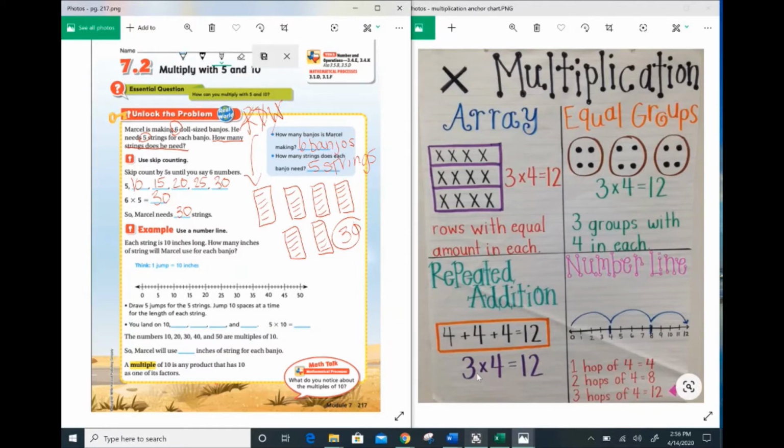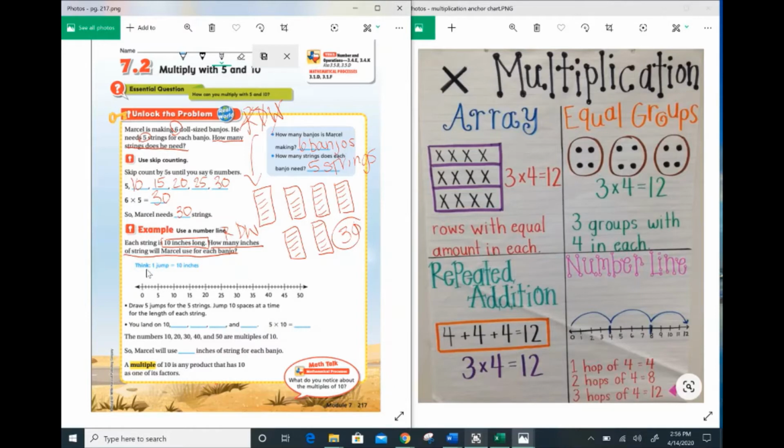Now another way to do it, boys and girls, is by using a number line. Right here, it says each string is 10 inches long. Let's go ahead and do a redraw. How many inches of string will Marcel need for each banjo?